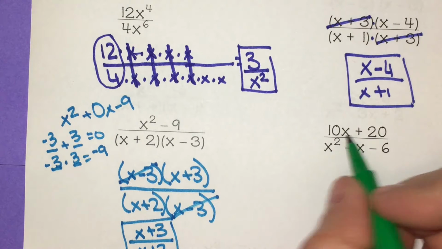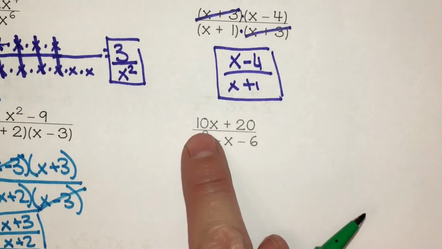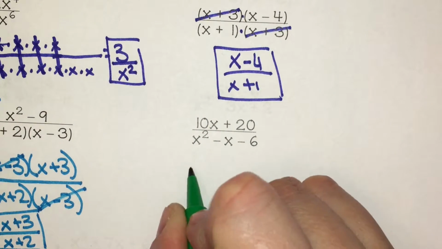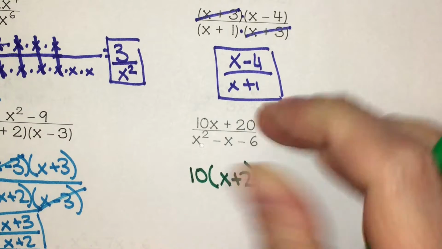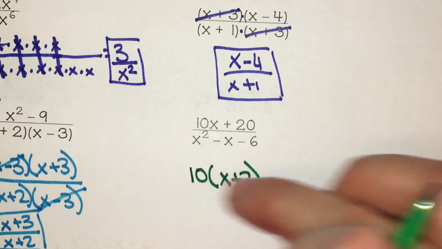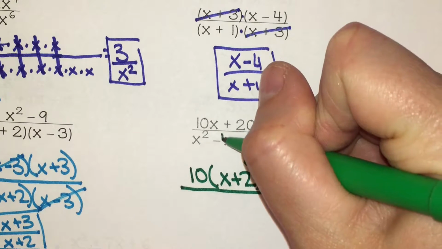All right. Here on top, I can see that I can factor out 10. So if I factor 10 out, I'm left with x plus 2, because 20 divided by 10 is 2. And on bottom, remember this negative x is a negative 1x.